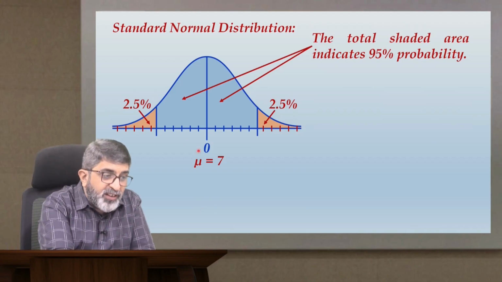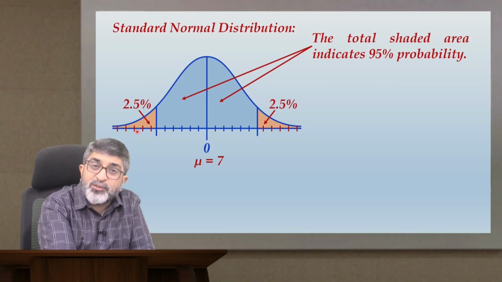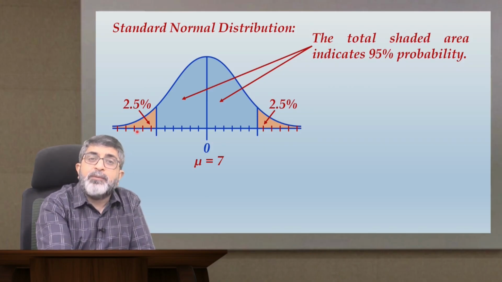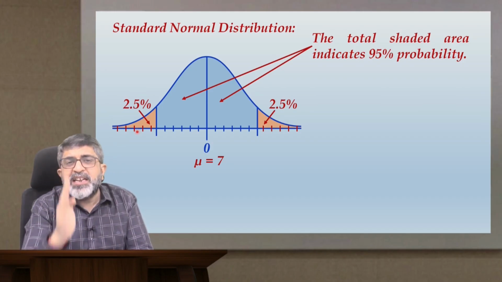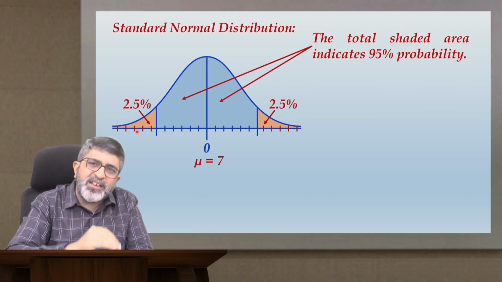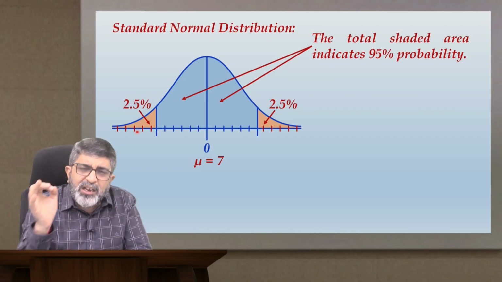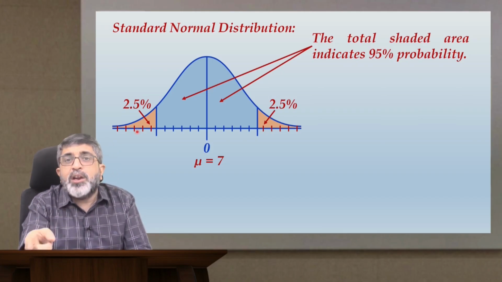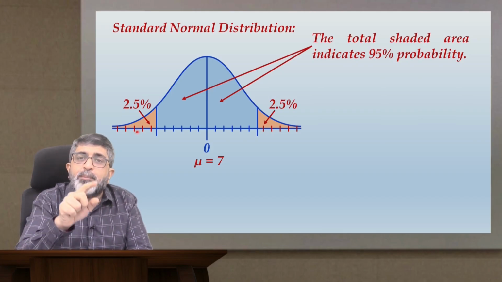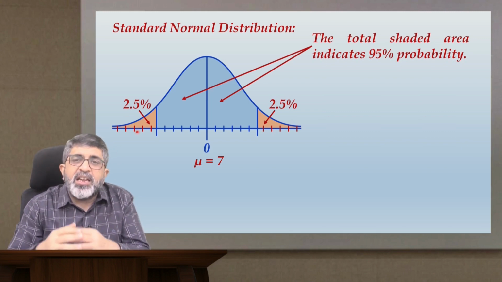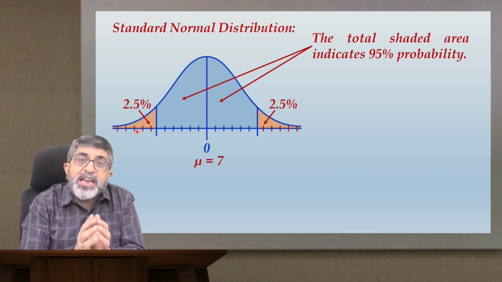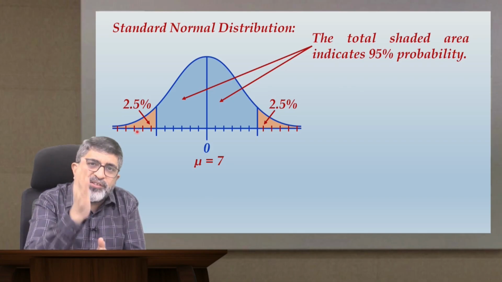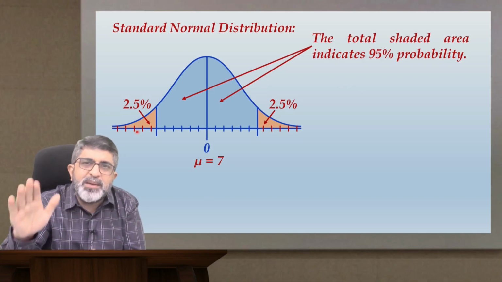But if it doesn't fall in this category and shows up in either of these extreme tails, which we identify as having significant difference, that means it is falling into the critical region. Critical region means it is falling into the region where the null hypothesis stands to be rejected. In other words, we will have enough evidence to state that the null hypothesis shall be rejected.